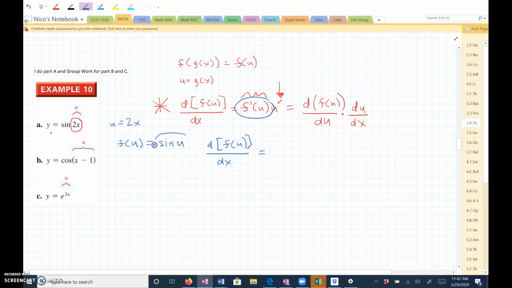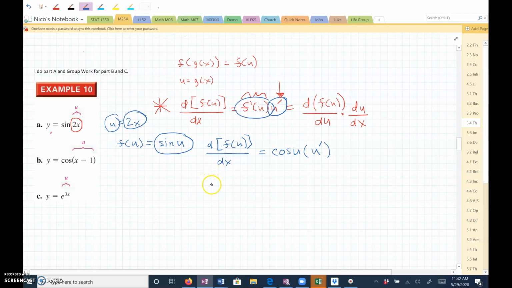So if I take the derivative of this, this would be cosine of u. And we're just going to write u prime for right now.